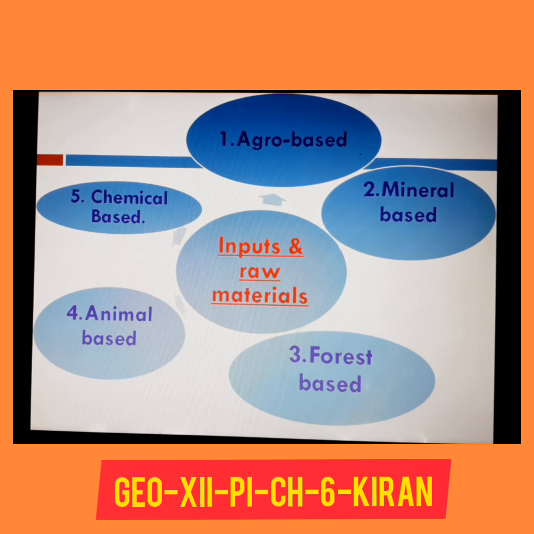These are classified as chemical based industries. So the raw material plays a very important role in the types of industries and location of industries. Here we have to see how the raw material is converted into finished product in these types of industries.